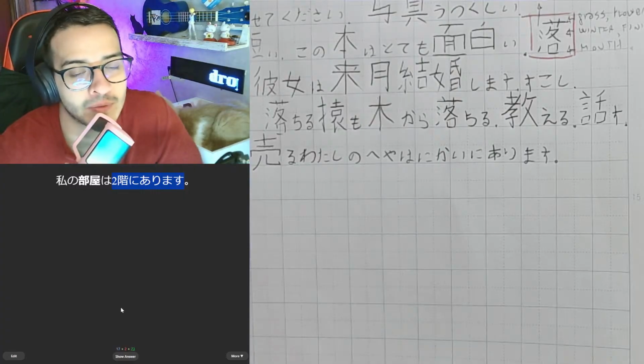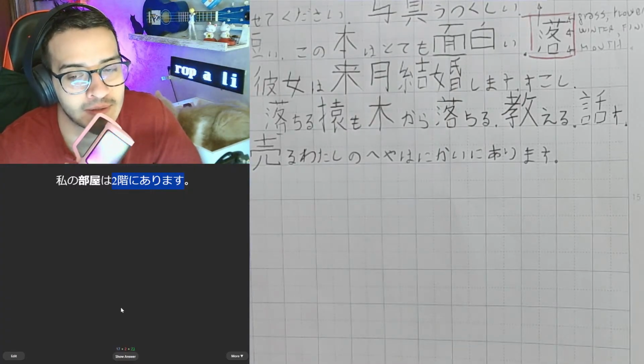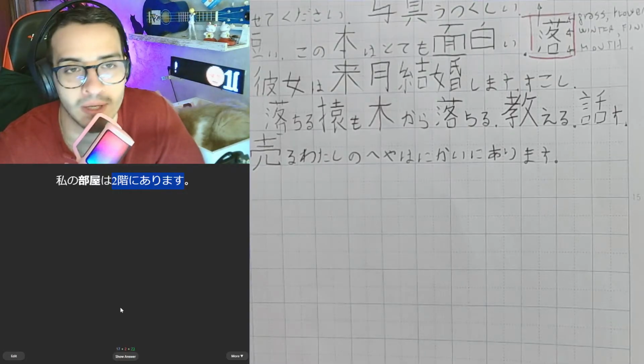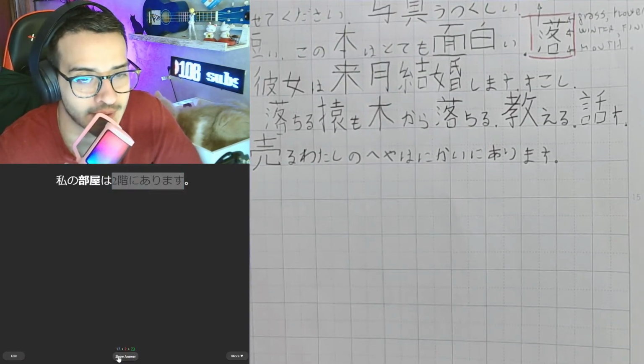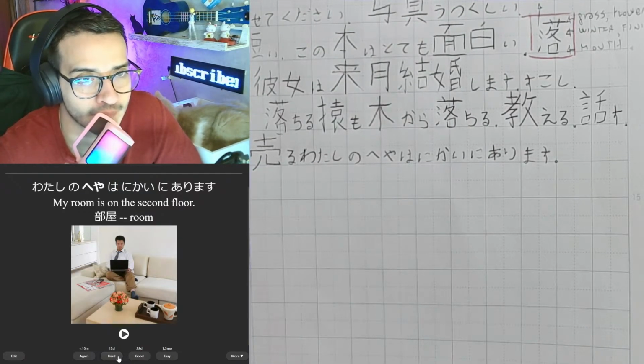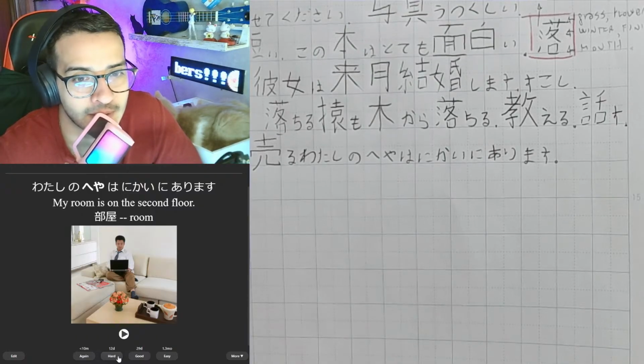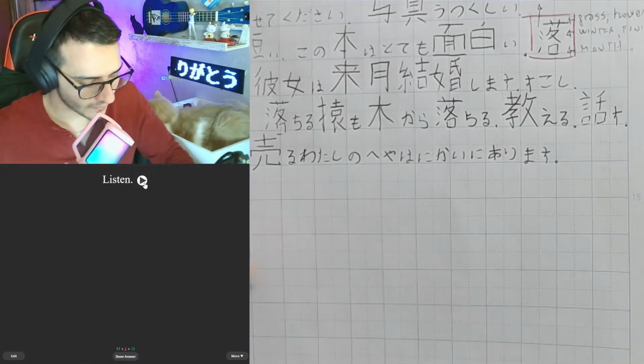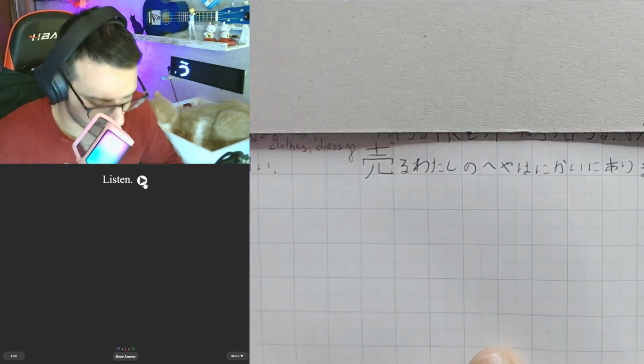Second floor, remember, for us is actually the first floor, because in Japan they don't have the ground floor. Show answer. 私の部屋は2階にあります。My room is on the second floor. Easy.